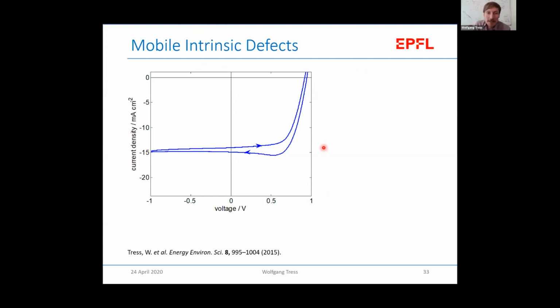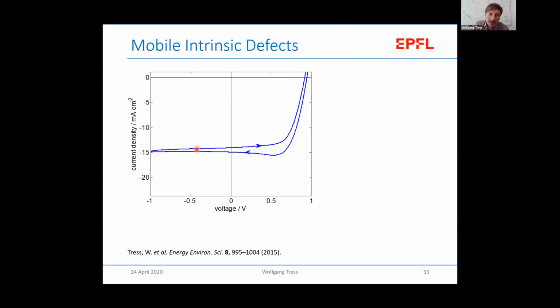So let's come back to our current voltage curve. We discussed a lot this open circuit voltage. Now we want to look at the whole curve, and what people observed already at the beginning of perovskite solar cell research is what we call hysteresis in the current voltage curve. So this is usually not expected.